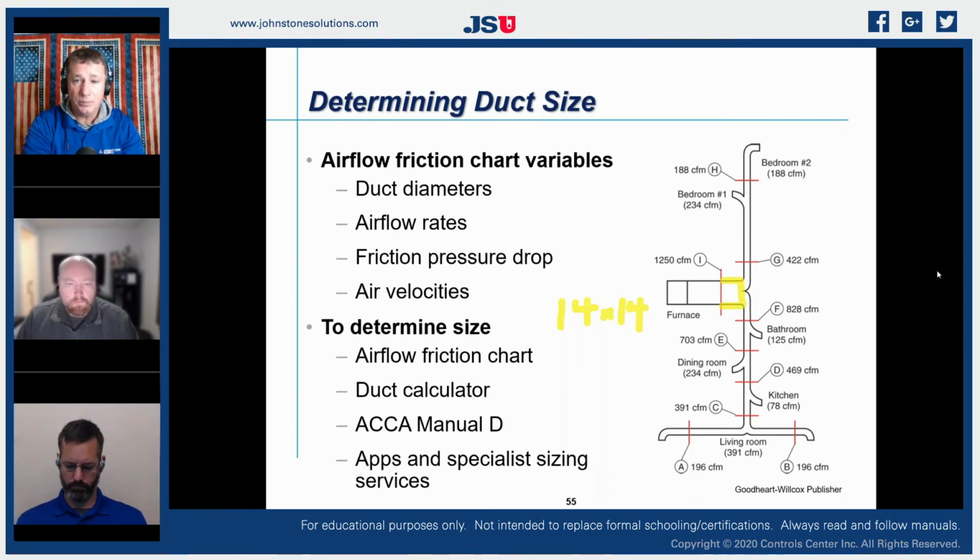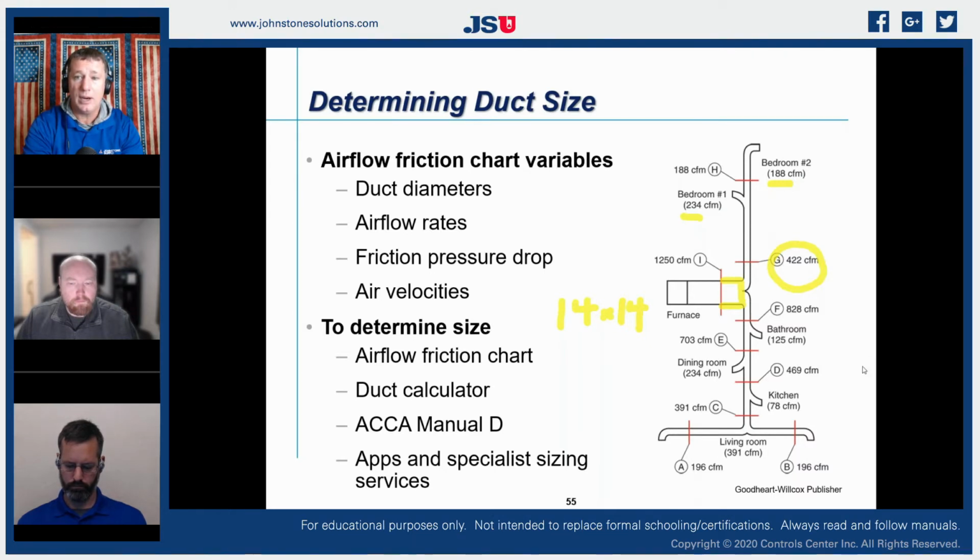So if I simply look at the trunk that is supplying bedroom 1 and bedroom 2, I need to add those two up. So I've got 234 CFM going to bedroom 1, and I've got 188 CFM going to bedroom 2. I add that up, I now have 422 CFM total that is going to those two areas.